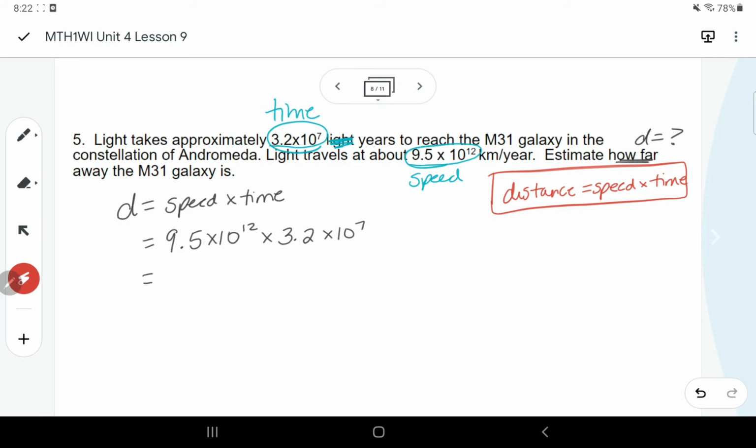What do we know about multiplying if we have powers with the same base? I know that I can keep the base the same and add the exponents, the 12 and the 7. And the coefficients, the number parts, the 9.5 and 3.2, we just multiply normally. So that would be 30.4 times 10 to the 19, and that's years.